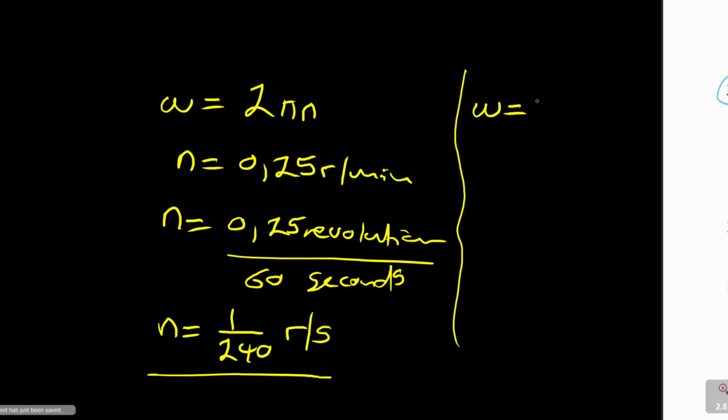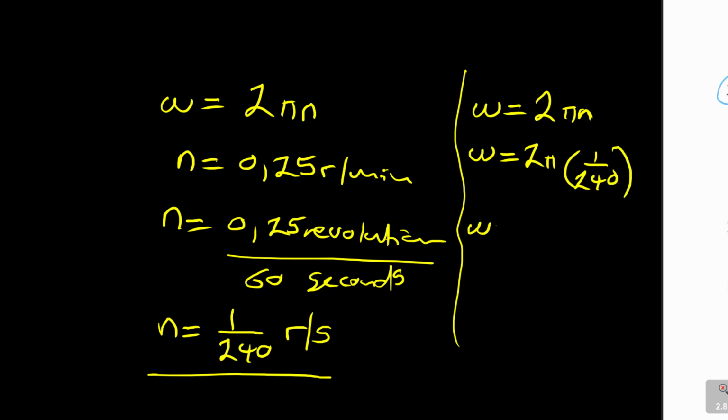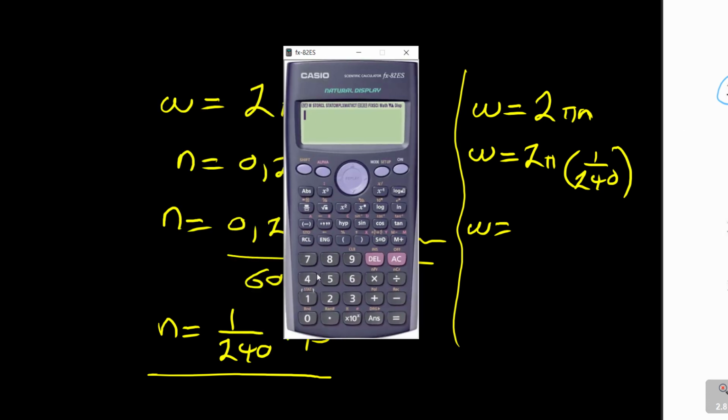But now from here I'm able to say angular velocity is 2πn. Angular velocity is 2 pi times n. You see the n there is 1 over 240. So it becomes up to you to find the answer: 2 shift pi bracket 1 over 240.